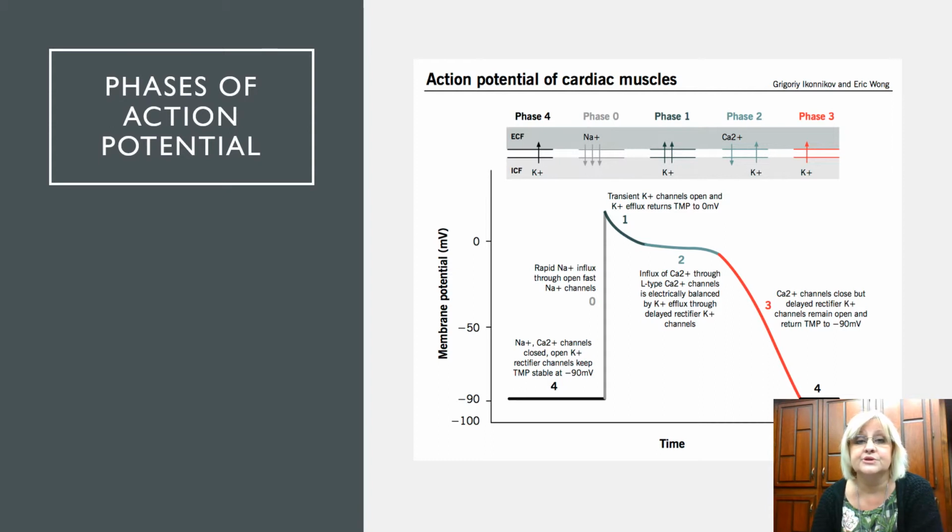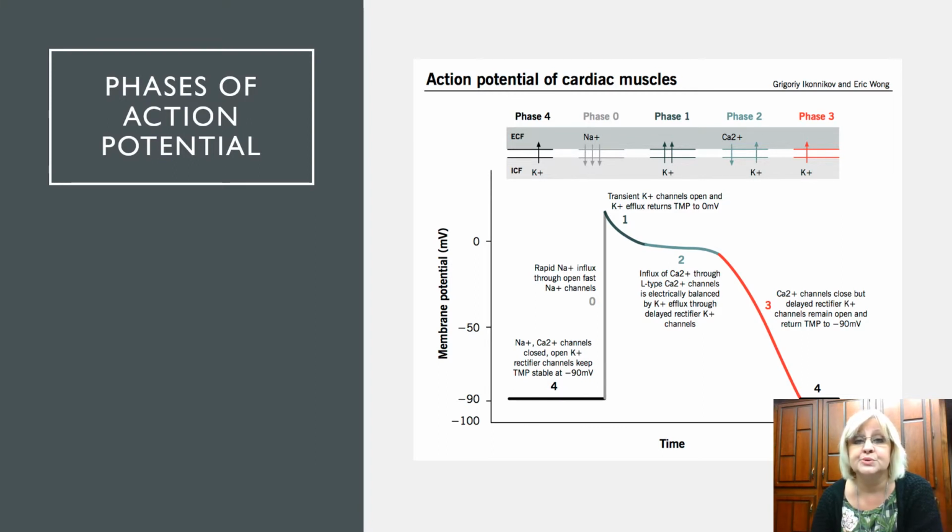Now we move on to phase 1. The repolarization of the transmembrane potential is slightly positive, so some potassium channels are open briefly, and the outward flow of potassium will return it to 0 millivolt potential.